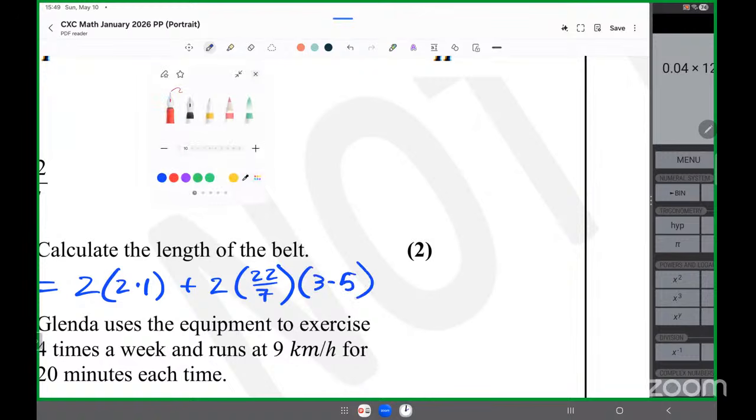That's the 2 half circles making a whole circle, the circumference.